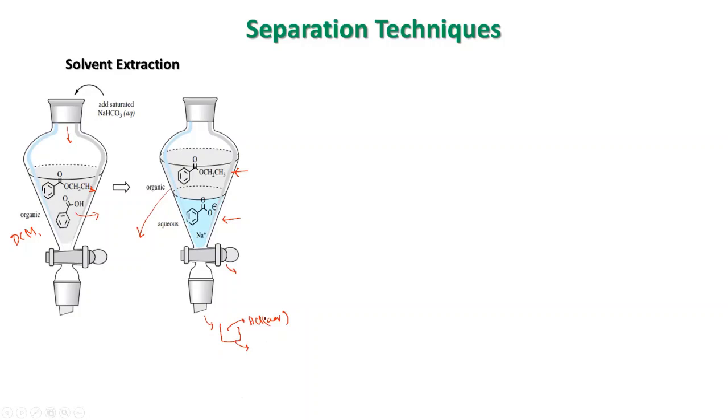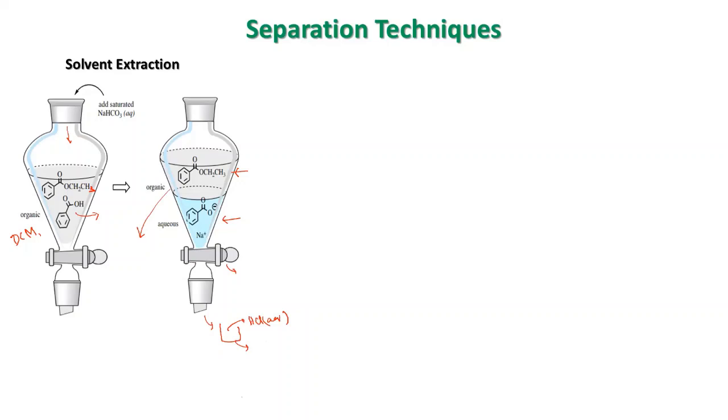Now, based on this, why don't we consider solvent extraction to be the universal technique? Because if it were sufficient, we would not be in need of any other separation technique. So you have limitations here.